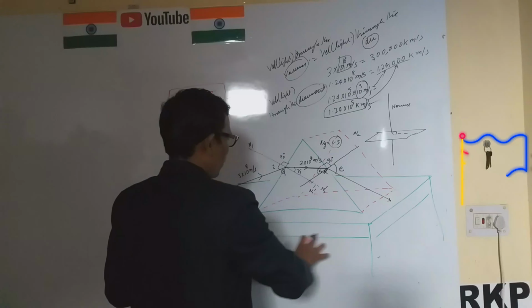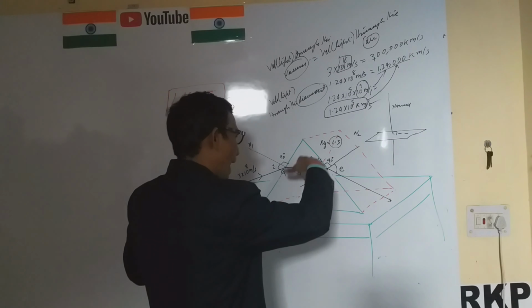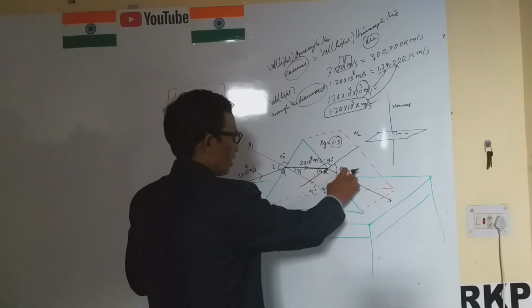The light is incident on the first surface, travels through the denser medium, and then emerges from the second surface.